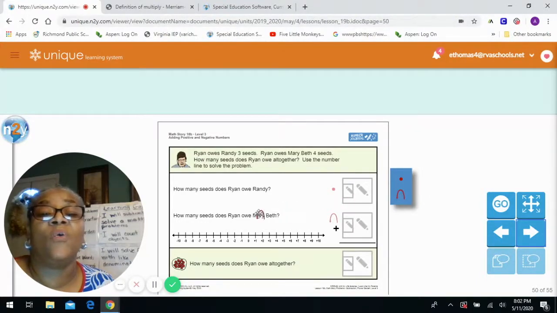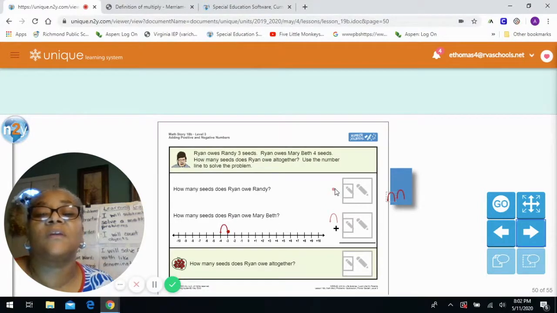So when they owe, it's what? On the negative side. So he has 3 seeds. Okay, hold on. Let's do it this way. 3 seeds he owes right here. All righty. And she owes 4. So now we count 1.